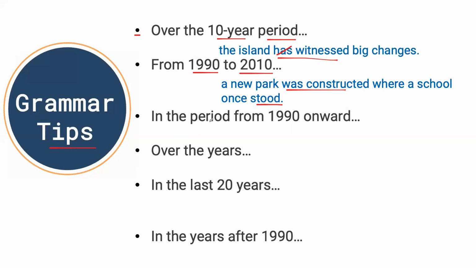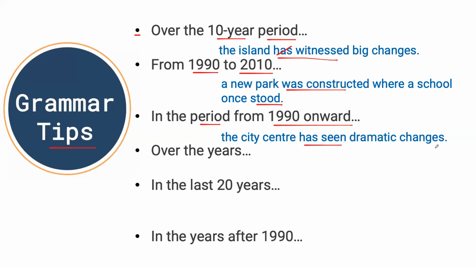Now let's look here. In the period from 1990 onward, very important this word, onward, the city center has seen dramatic changes. So onward still continues into present day, which is why we would use present perfect. Here we see over the years. This is quite vague. So we would say a new shopping center has been built.